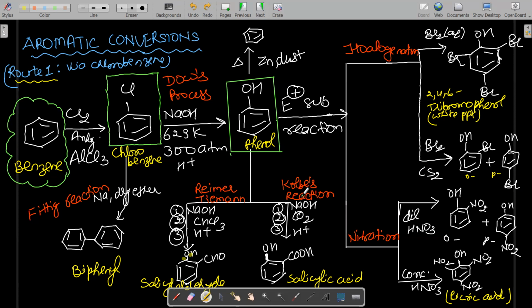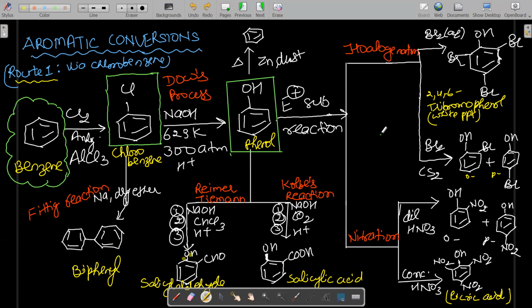Now, what is Kolbe's reaction? Phenol reacts with sodium hydroxide to form sodium phenoxide, followed by the electrophile carbon dioxide and acidification, to form salicylic acid, which is also called 2-hydroxybenzoic acid. These two reactions are very important for the board exam as name reactions.